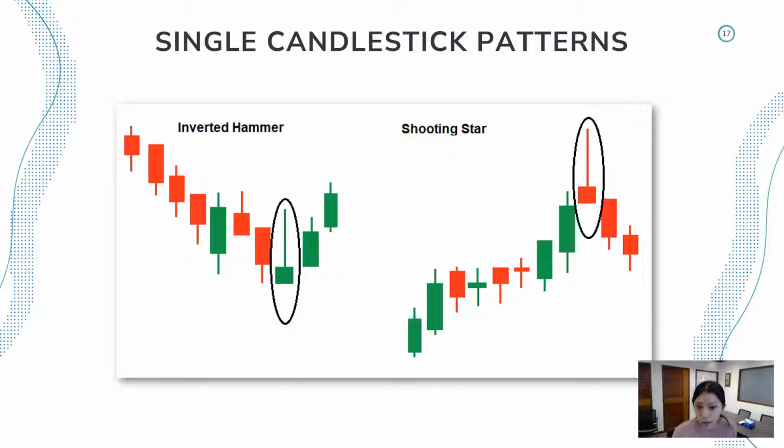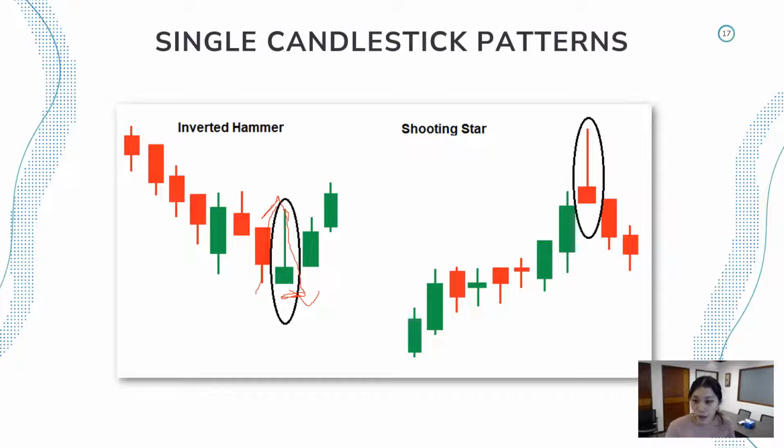The inverted hammer is weaker because it shows that price had gone all the way up but was pushed all the way down. The price is all the way up here, but however, it was pushed all the way down from here to the bottom and closed near the bottom here, right?